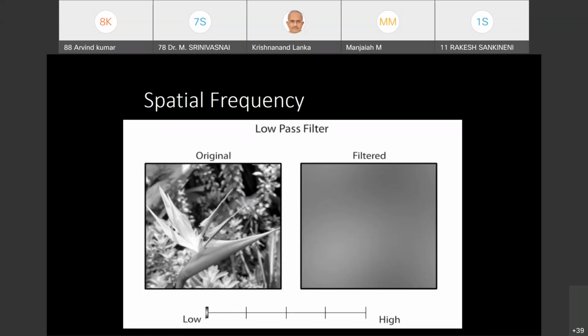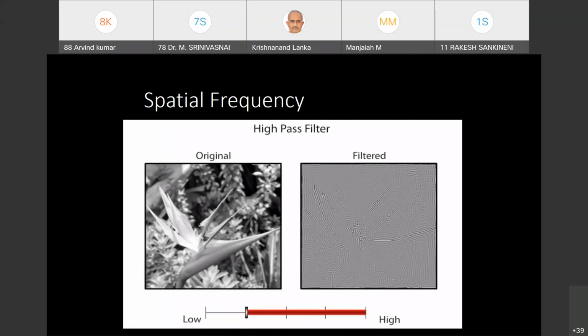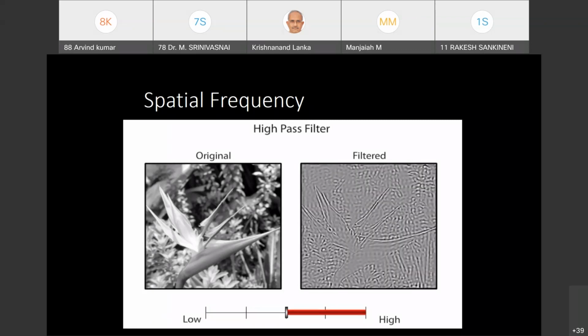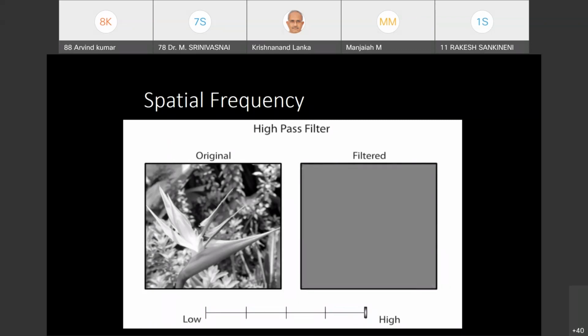So using this kind of principle, they try to clean the image so that the noise part of the image is eliminated using these high pass filters and low pass filters, depending on the image situation.